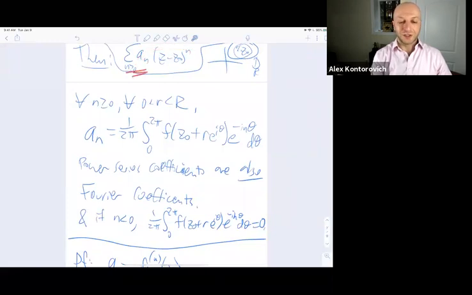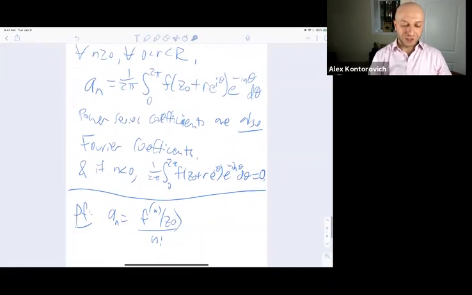You kill off the early terms, then you have z minus z0, and then lots of future terms. But when you evaluate at z0, the future terms are gone. And so all that's left is an times n factorial. I'm just reminding you the proof of this statement. Why is the nth power series coefficient equal to this?